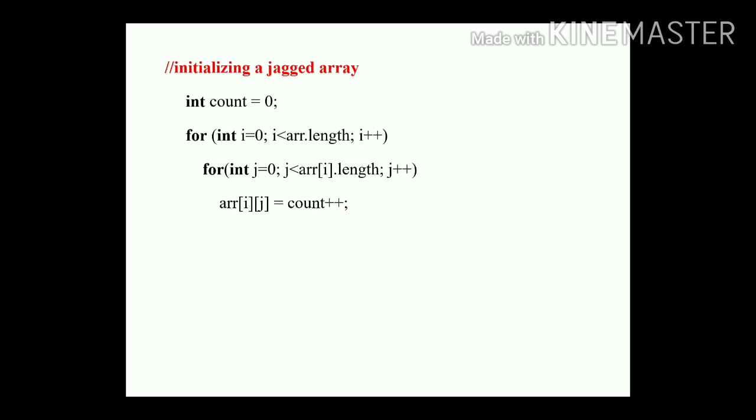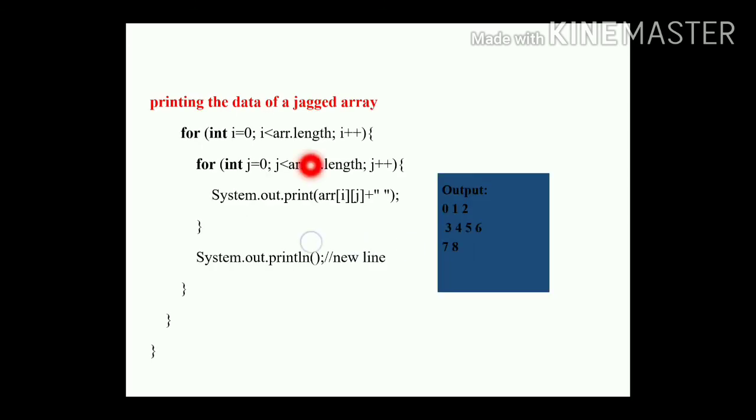The count plus plus is increasing the element by 1. For printing, same here, system.out.println for array of i j, then closing brace for the for loops, and closing brace for the main method and class.